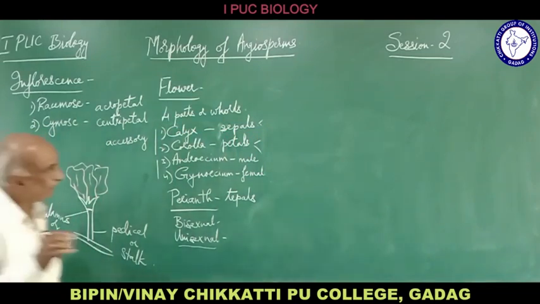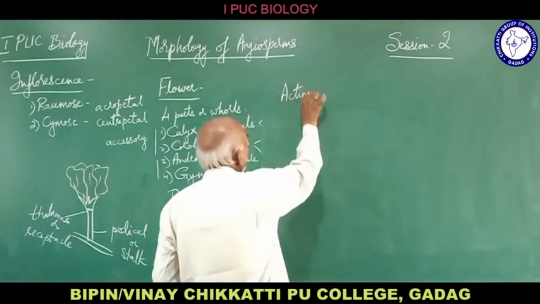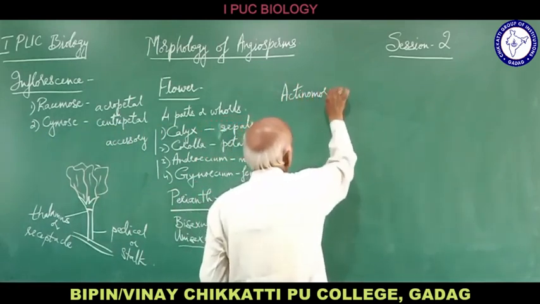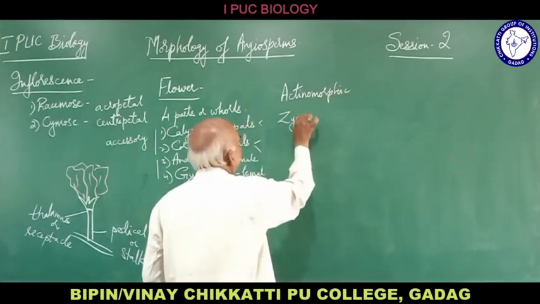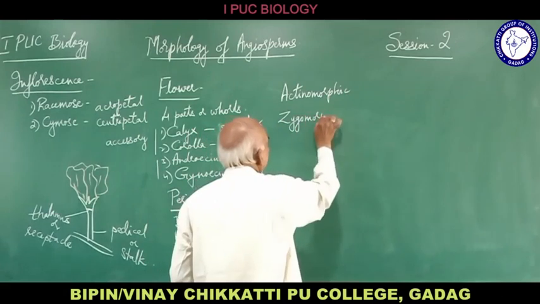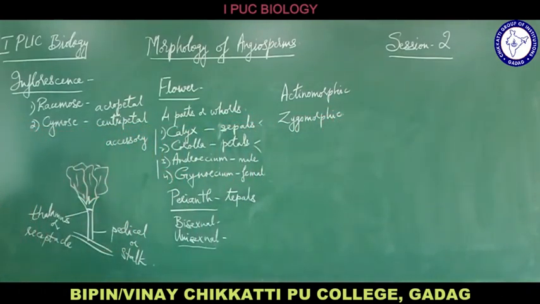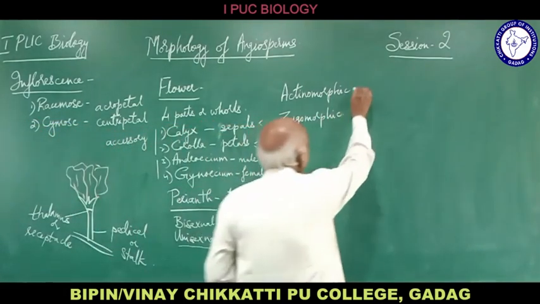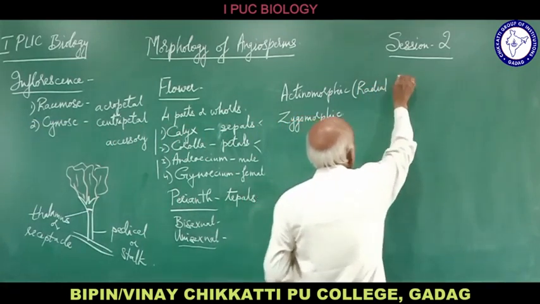And another term related to this flower is actinomorphic flowers. Actinomorphic, then zygomorphic flowers. Then in case of actinomorphic, it is commonly called radial symmetry.